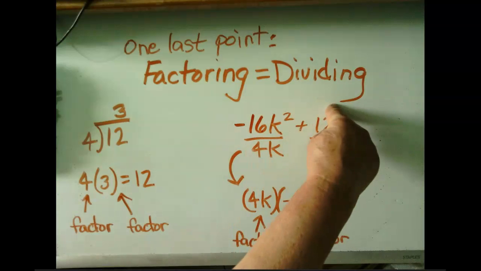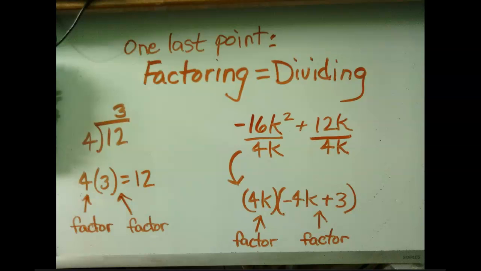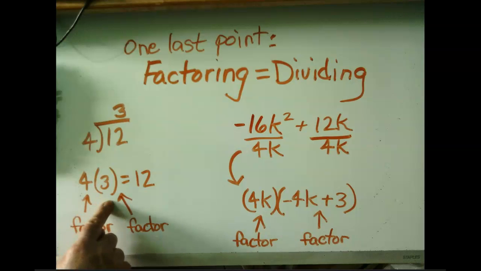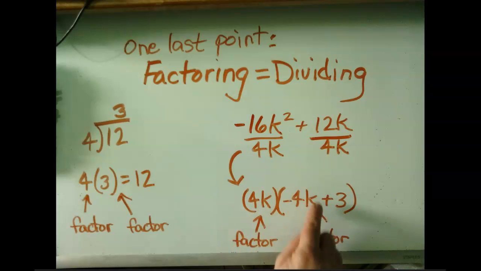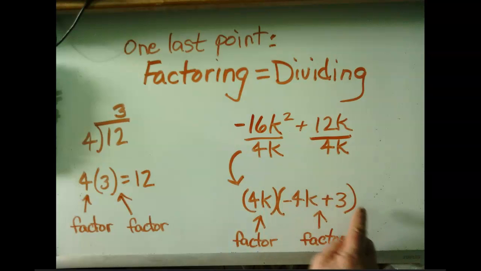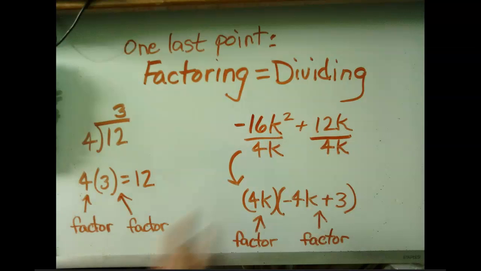We're adding these two terms together, and we are ending up with a multiplication problem, just like here. 4k is a factor. Negative 4k plus 3 is a factor. We can now multiply this back and end up with the polynomial that we started with.